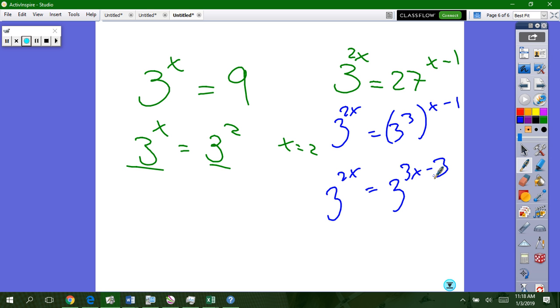Because they're the same base, what can I do? I can just set the exponents equal to each other, correct? And then it's just basic solving. Right? Okay?